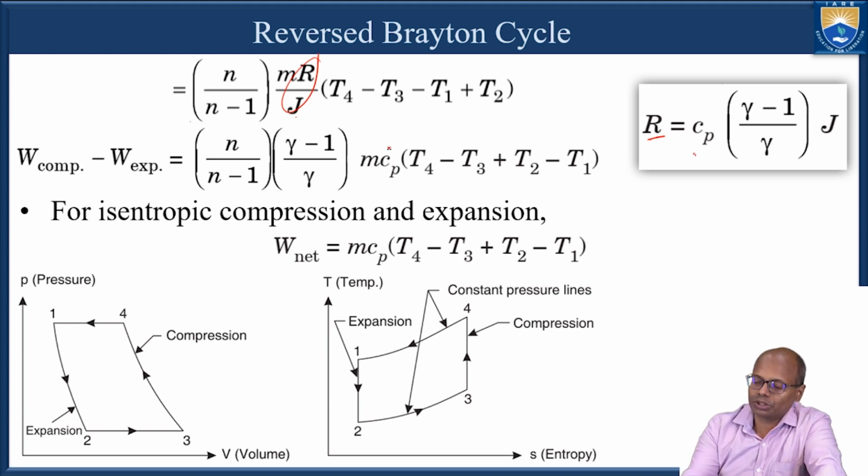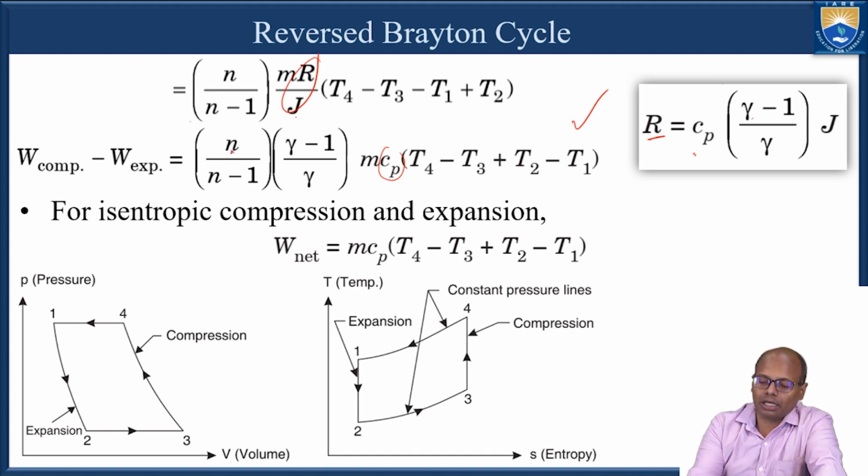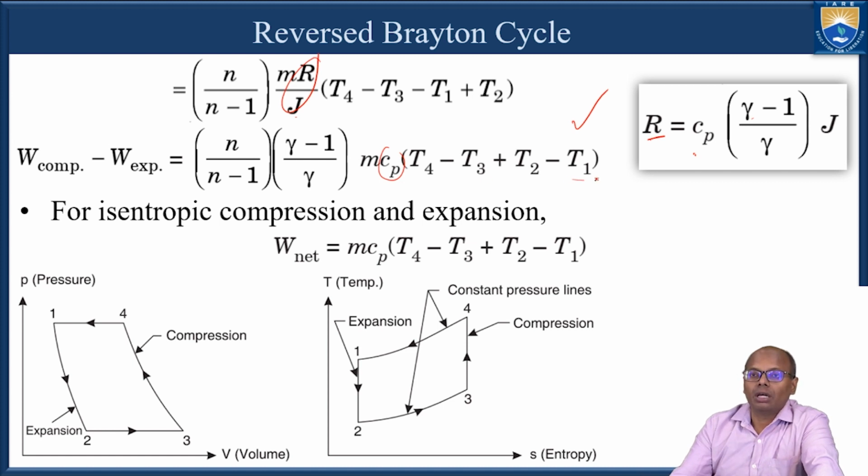Cp into gamma minus 1 by gamma. So this is a polytropic process. For polytropic process, it is n by n minus 1 into gamma minus 1 by gamma into mCp into this equation. Now, if it is an isentropic process, then n is equal to gamma. So what happens? n and gamma will get cancelled, n minus 1 and gamma minus 1 will get cancelled. So the net work done for the isentropic process is equal to mCp into the temperature difference.